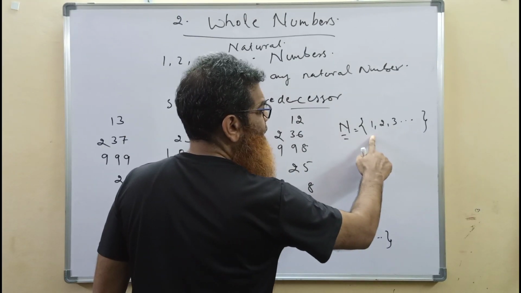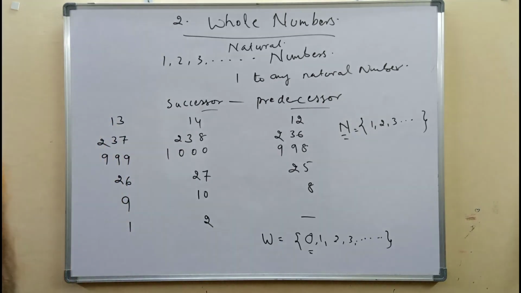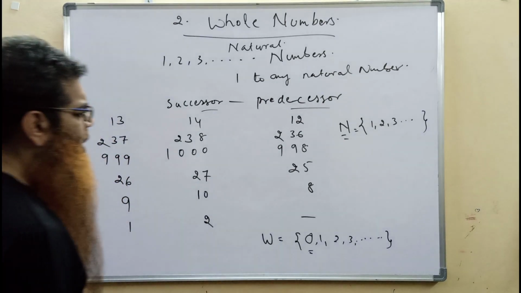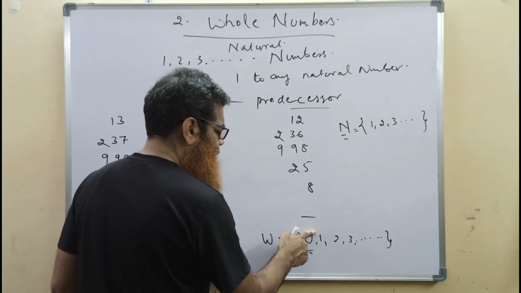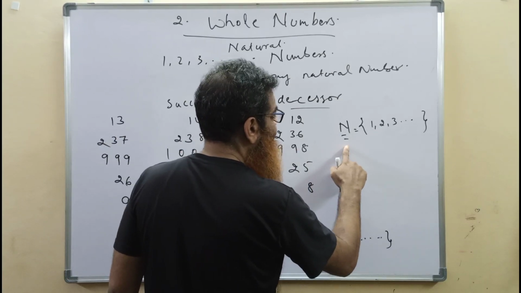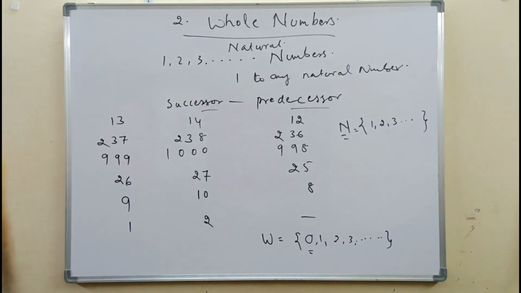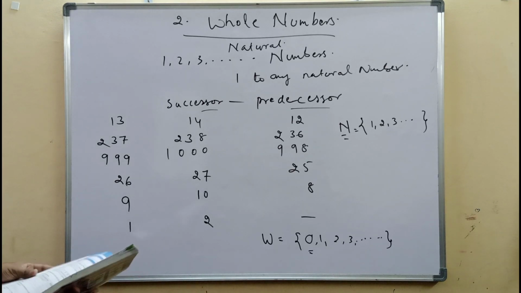The set of whole numbers starts from 0, whereas the set of natural numbers, denoted by N, starts from 1. There is a successor to 1, but there is no predecessor to 1.